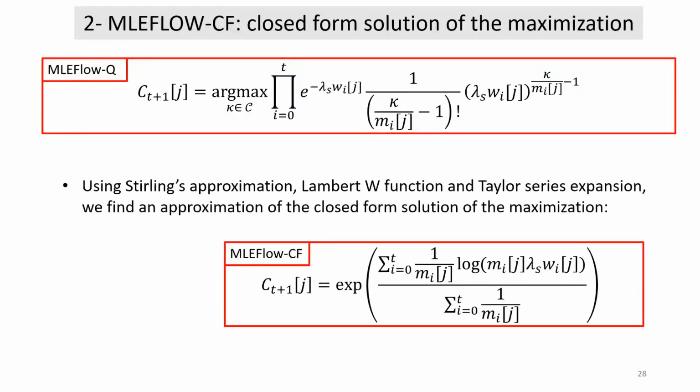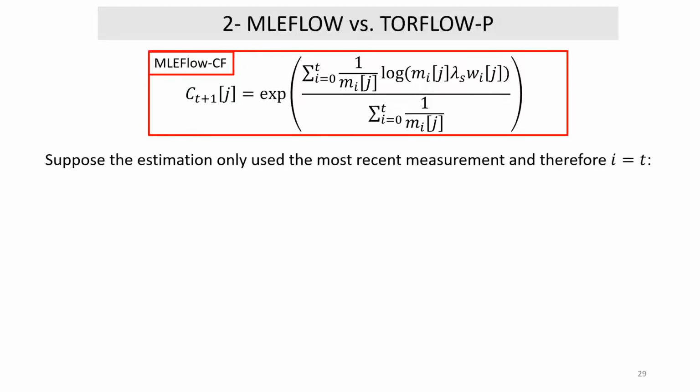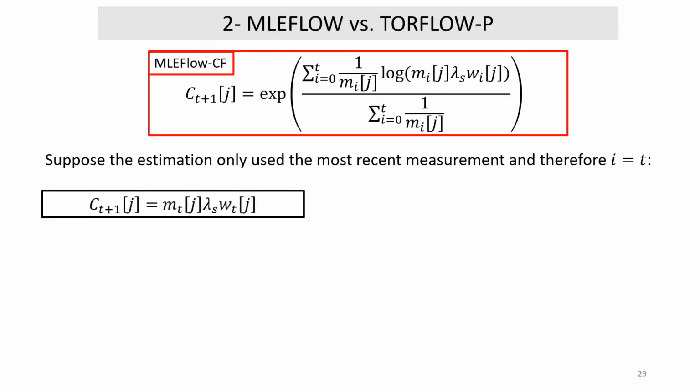Using Stirling approximation, Lambert W function, and Taylor series expansion, we can find an approximation to the closed form solution of this maximization, which we call MLEFlow CF. If we consider the equation that we just presented, and we suppose that the estimation only used the most recent measurement, and therefore i is equal to t, we can find this equation for the capacity estimation at t plus 1.